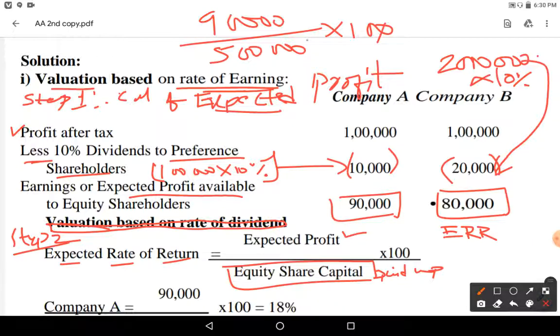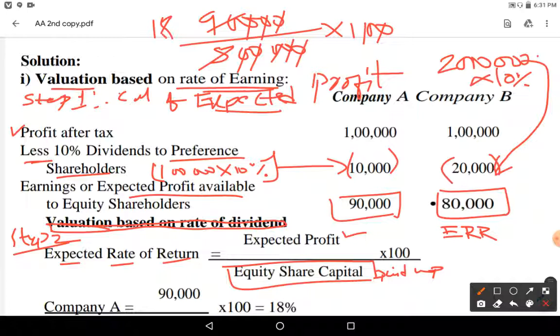The zeros get cancelled. 90 is there, 5 ones are 5, 5 eighteens are 90, so we will get 18% for company A. Similarly for company B, 80,000 divided by 4 lakhs into 100.